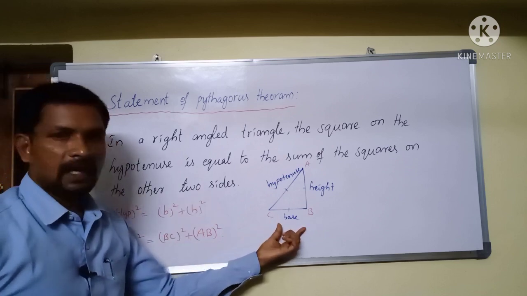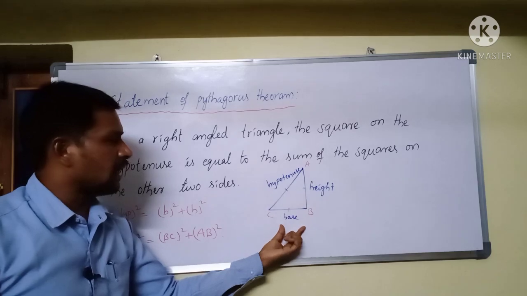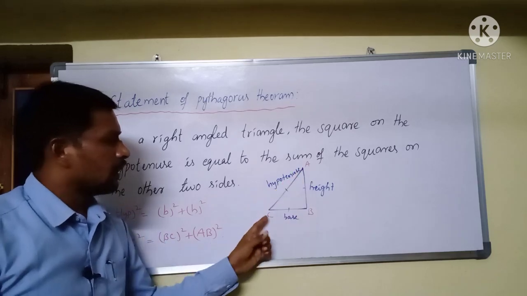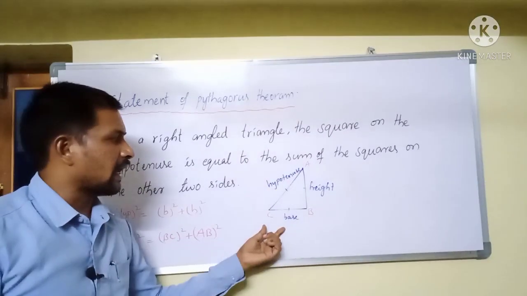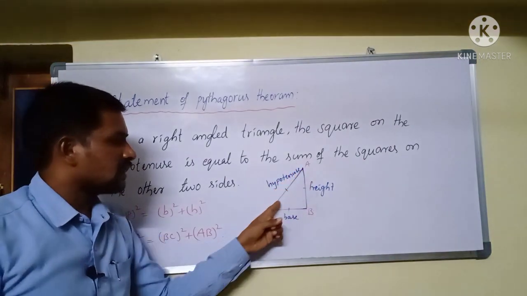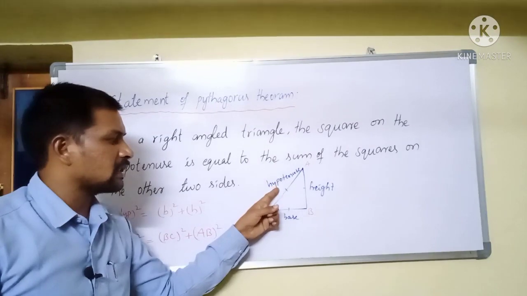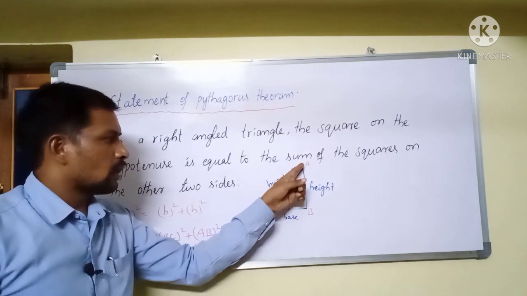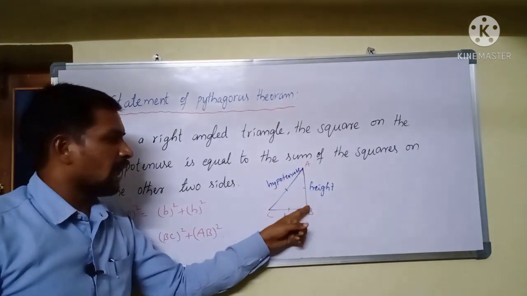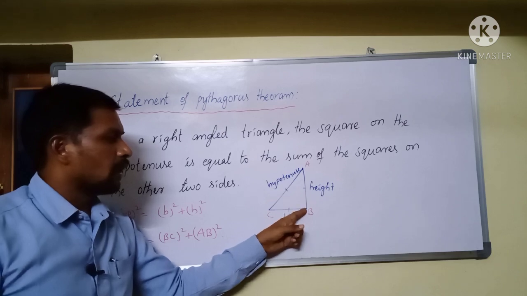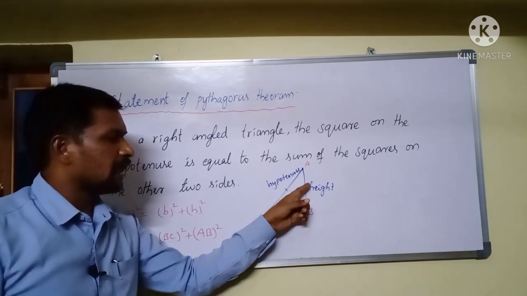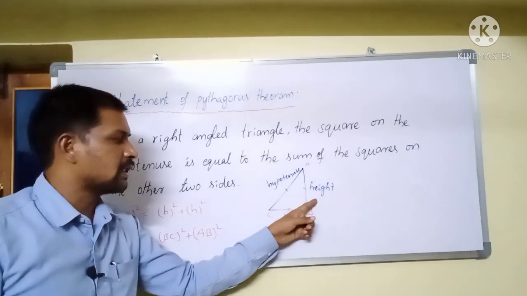Let us take a right angled triangle ABC. In this triangle, the longest side, AC, is called the hypotenuse. The side AB, perpendicular to the base, is called the height.